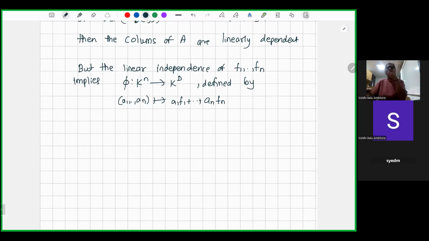Okay, so this is just a map. This is because of the linear independence of F1 to Fn.